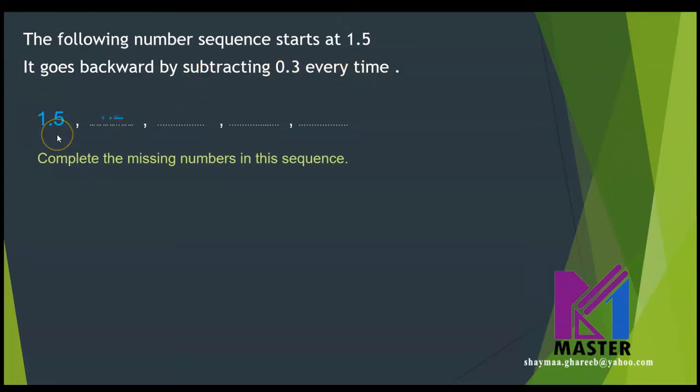So when I subtract 0.3 from 1.5, it will give me 1.2. Then subtract 3/10 more, it will be 0.9. Then 0.6. Then 0.3. Now, what is the term-to-term rule? It is subtracting 0.3 or 3/10.